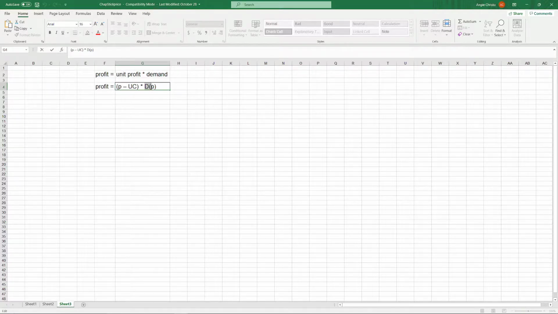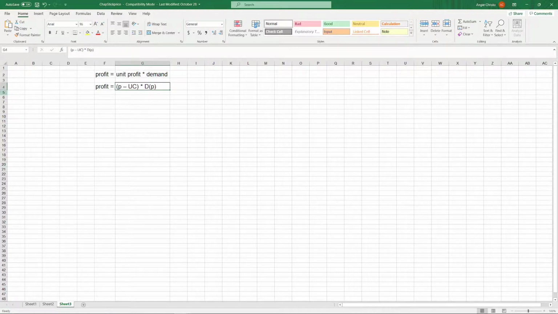If we multiply that by the number of units, so the demand, and one way we can write that is D of P, the demand for that price point. This is how your book writes it, or you can just say the demand. Then we get our profit.